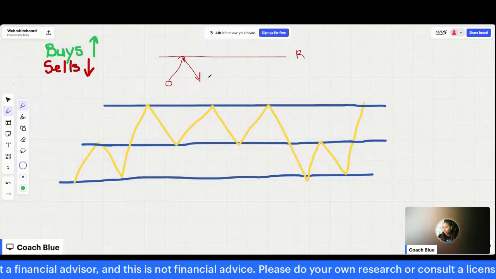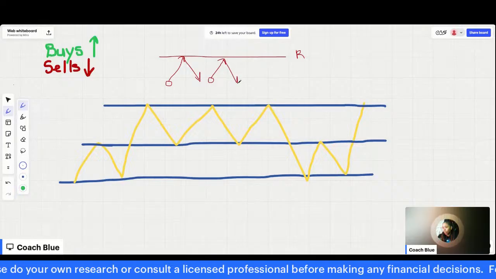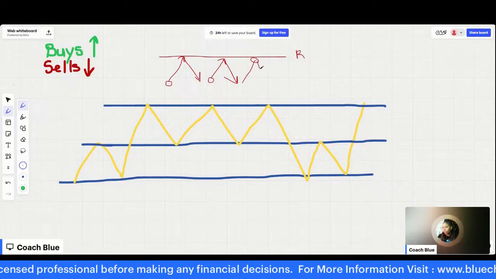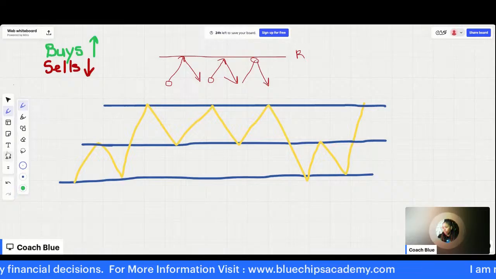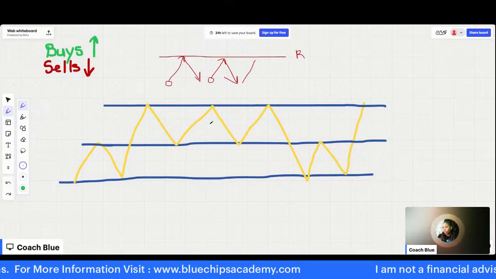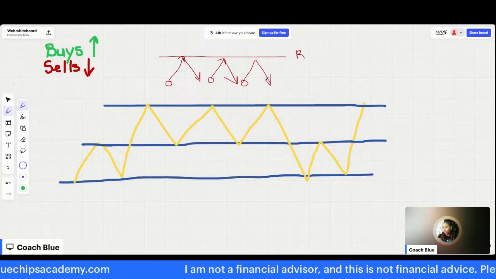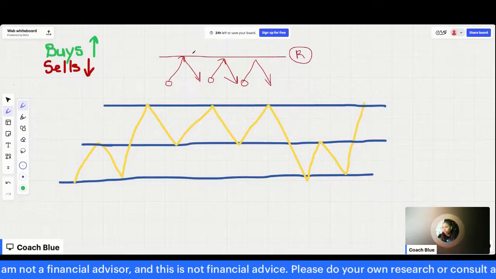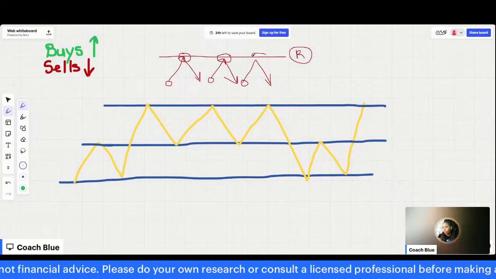Every time I throw the ball to the ceiling, it bounces down. Eventually, if you keep doing that, you're probably going to break the ceiling. So this is the ball, and then it comes down here.